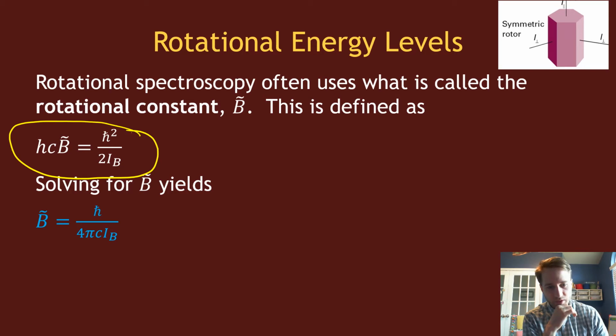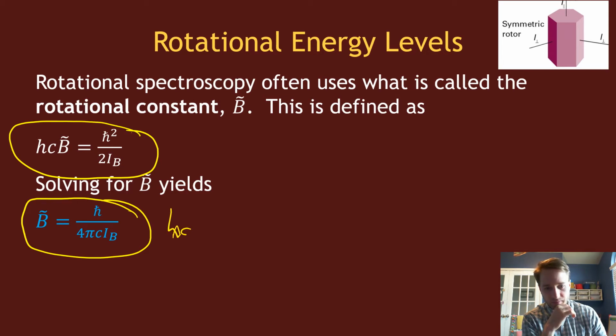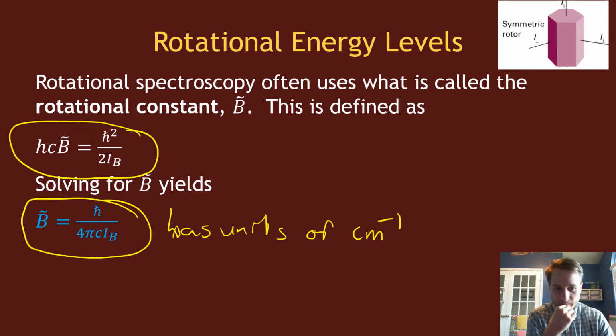So hc times B is equal to H bar squared over 2I_B, or B itself is given by this equation here. And B here has units of inverse centimeters.